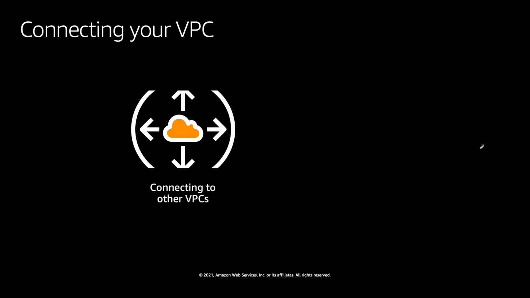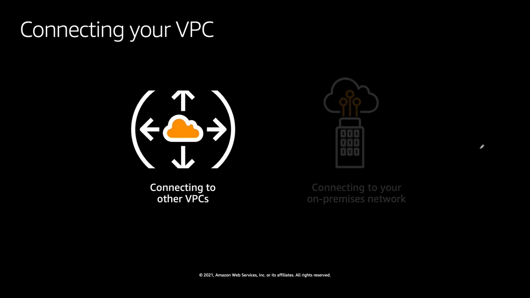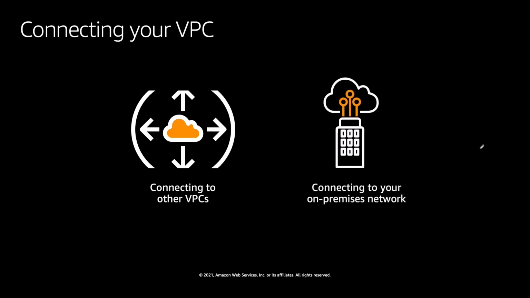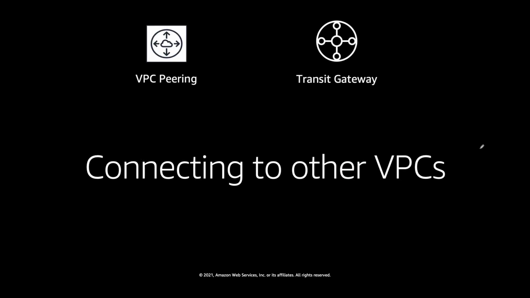Now, how about connecting to your VPC? That means, let's say you have multiple VPCs, how can those VPCs talk to each other? Not only that, if you have an on-premise data center, how can your VPC talk to the on-premise network? So these are the two topics that we want to discuss now.